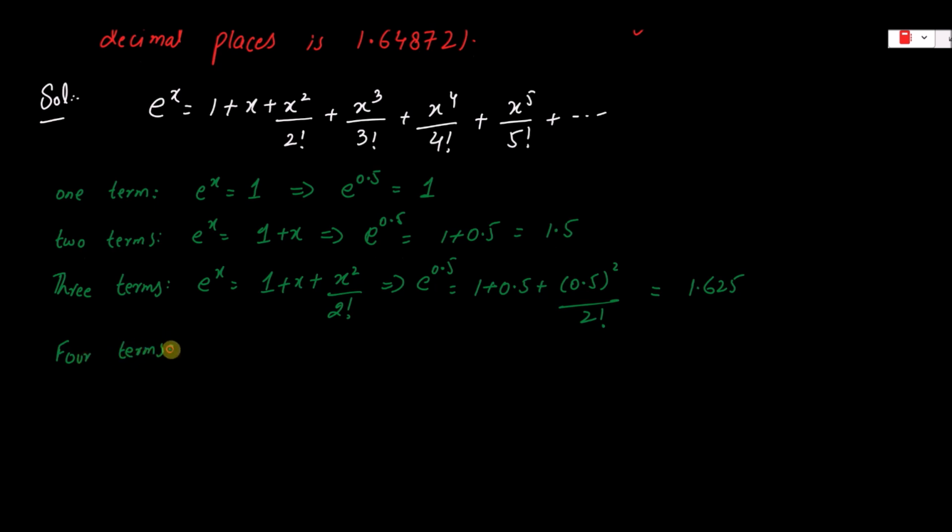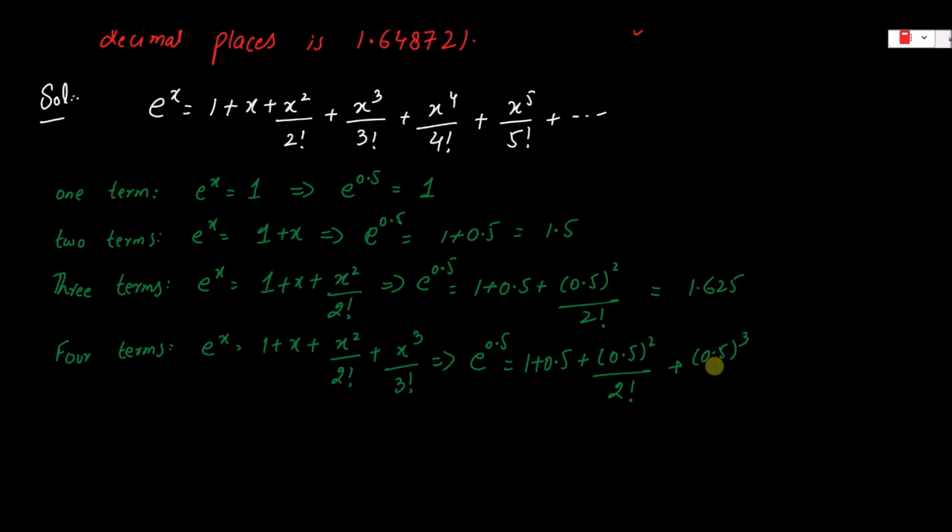Four terms is e raised to the power x equal to 1 plus x plus x squared by 2 factorial plus x3 by 3 factorial. For that case, we have 1 plus 0.5 plus 0.5 squared by 2 factorial plus 0.5 cubed by 3 factorial, and that is equal to 1.645832.